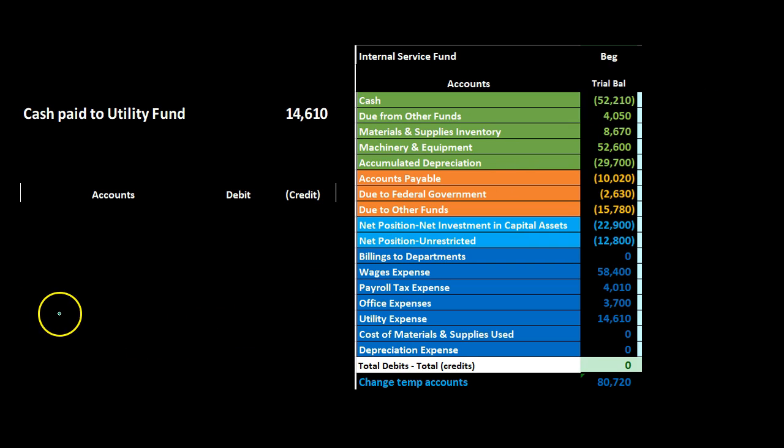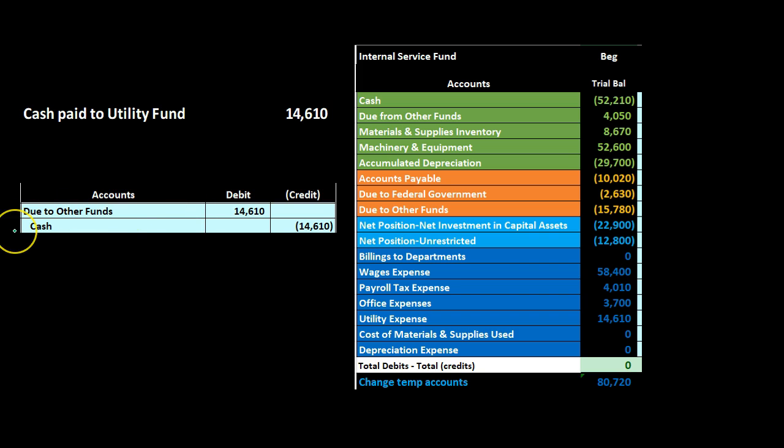Next item, cash paid to the utility fund. Now we're going to pay off the utility service. We recorded the utilities last time just like we would if we had a bill, except that instead of crediting accounts payable, we credited due to other funds, because the utilities fund is another part of the government. Now we're paying it off.